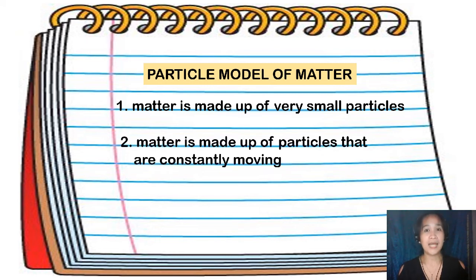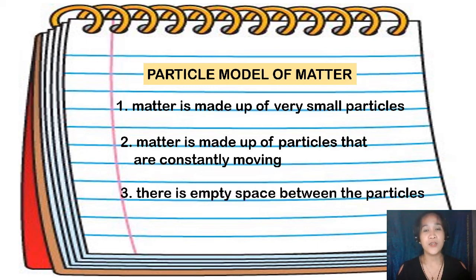Second, matter is made up of particles that are constantly moving. Number 3, there is an empty space between the particles. And number 4, there are forces that act between the particles.